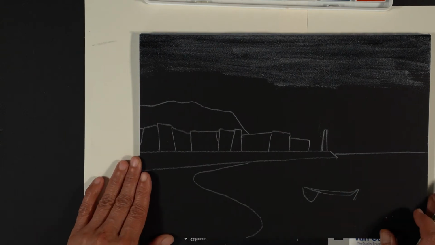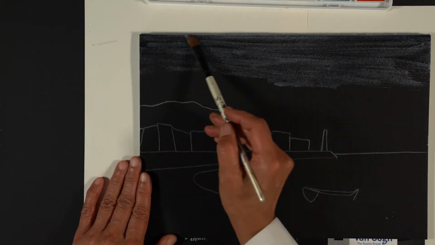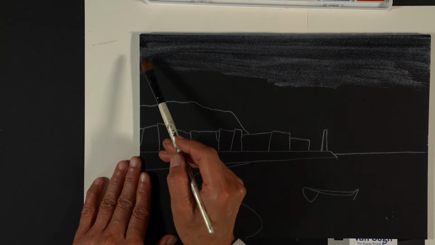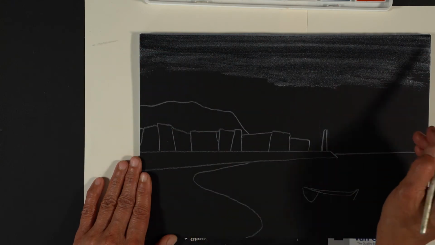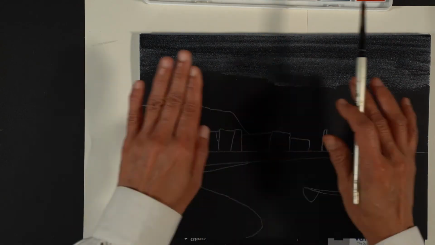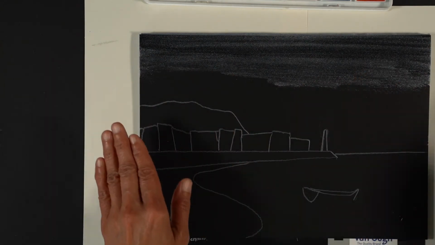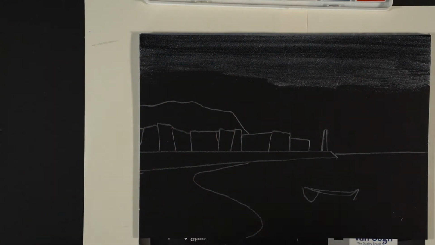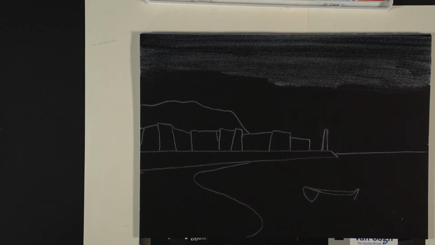Like so. So you want to spread the paint. You don't want it to be too bright. This is the part that needs to be a little bit more subdued. This doesn't want to be bright, so don't make it bright. Use the black of the paper to subdue the color.